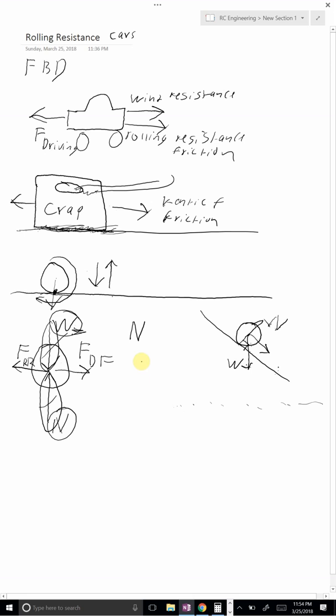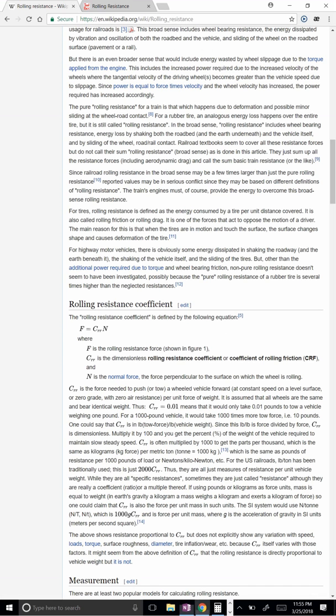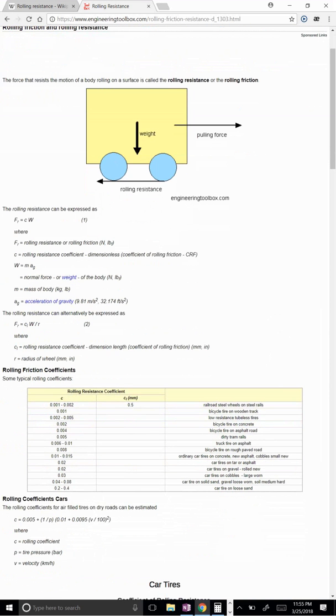So normal force is not always equal to weight. It's very crucial. Technically this equation is wrong, because it only works on a flat surface. If the surface is angled at all, normal force is not equal to weight. And then you would have to use trig, which we'll explain later. But for now we're assuming that whatever hill you have it on is flat, or there is no hill.